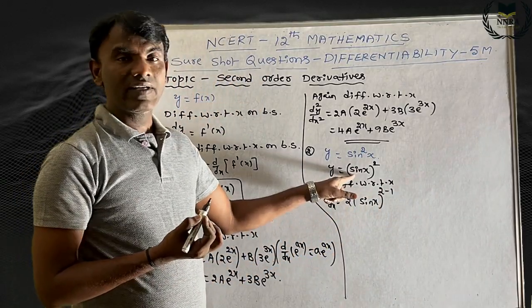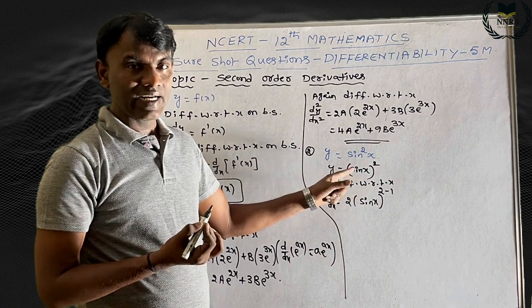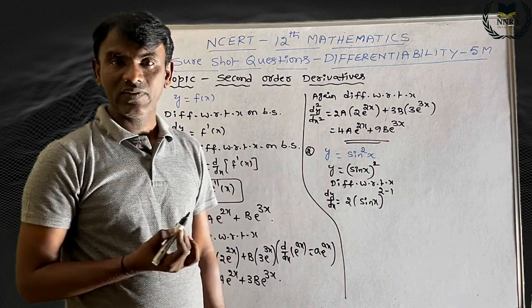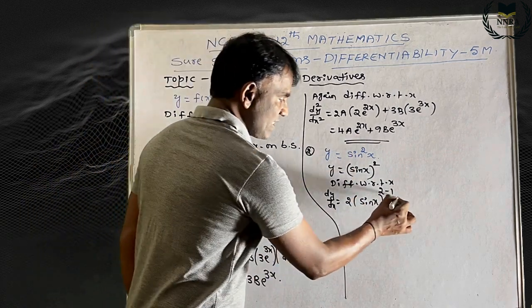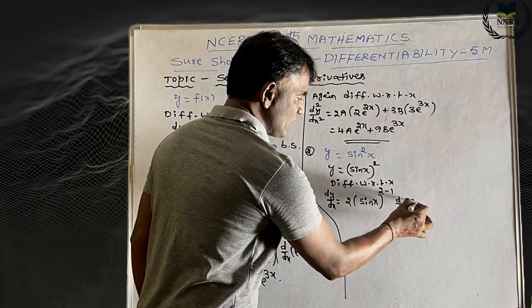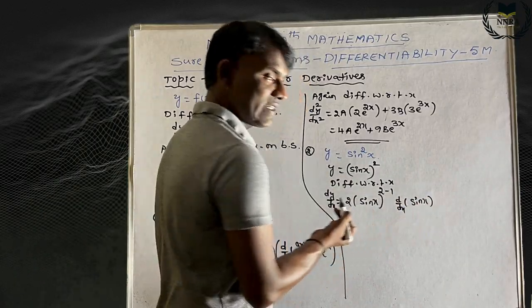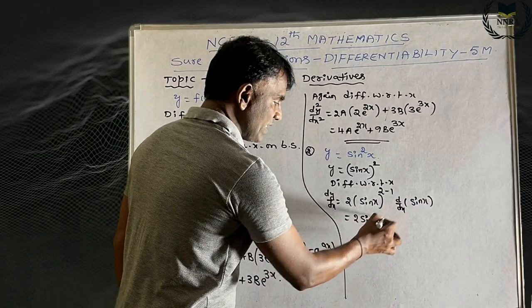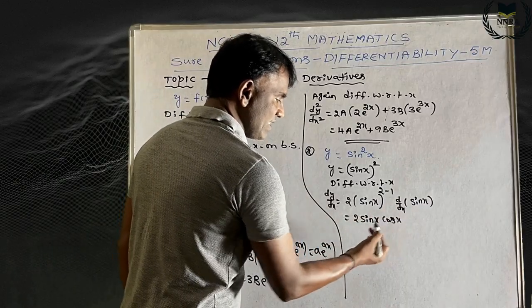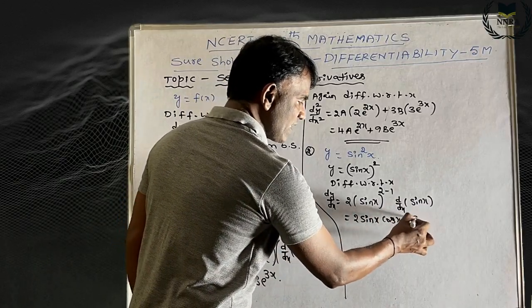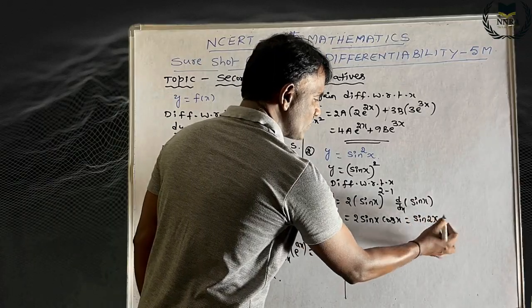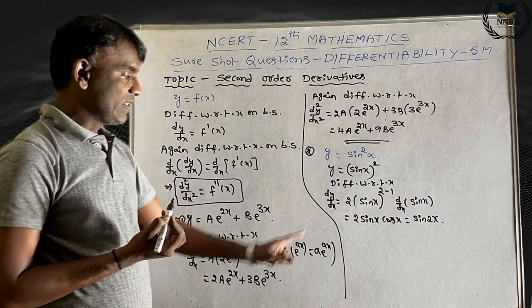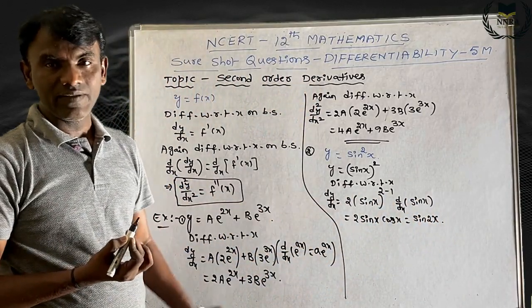If it is not x, meaning other than x, again we have to differentiate with respect to x, so we write d by dx of sin x. This is 2 into sin x, and the derivative of sin x is cos x. So 2 sin x cos x can be written as sin 2x. This is the first order derivative dy by dx.